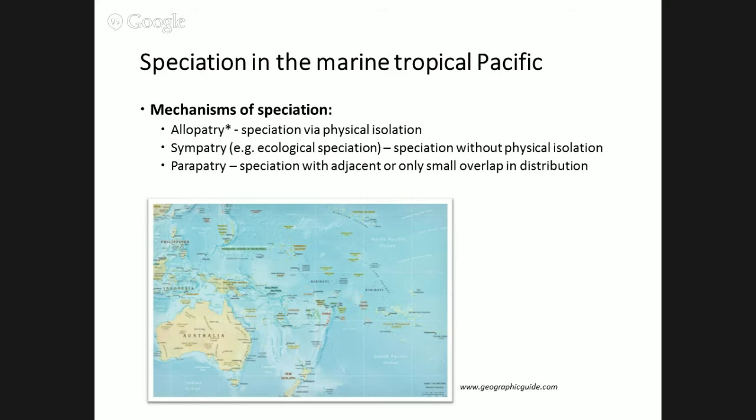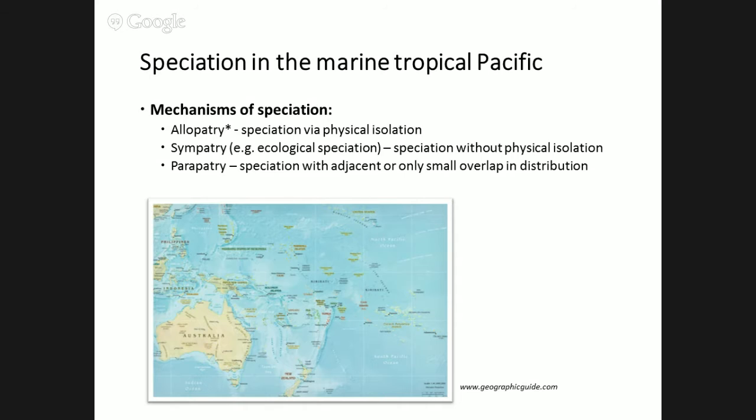The mechanisms of speciation that people typically talk about include these three right here. So we can divide them up in terms of allopatry, sympatry, and parapatry. Allopatric speciation has historically been what people have been talking about in the literature for a very long time. The idea that species form because there's a barrier that develops between populations.